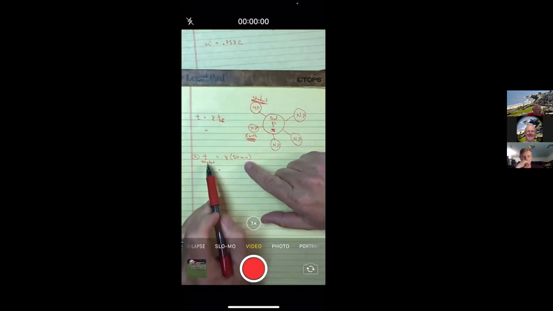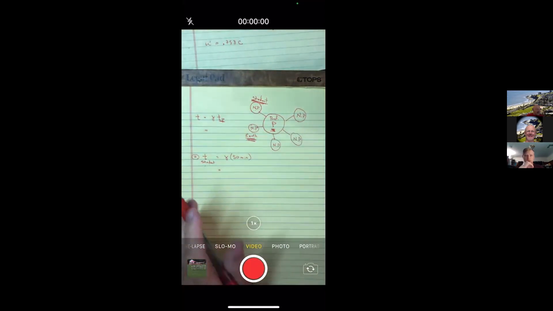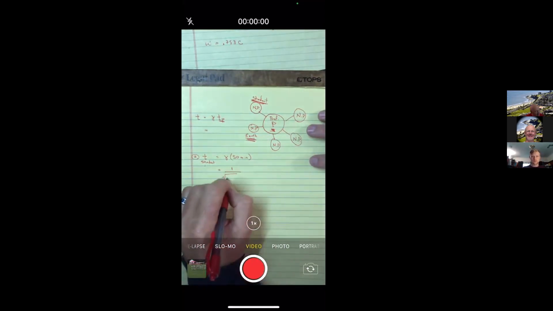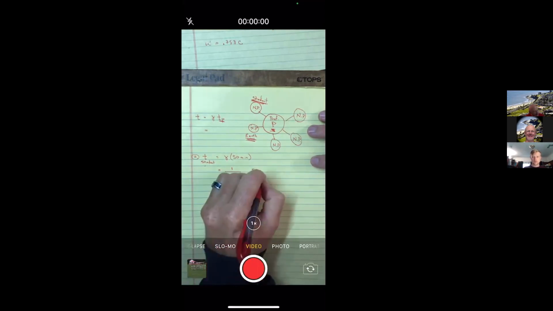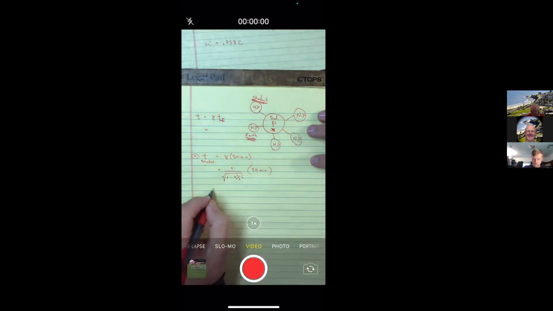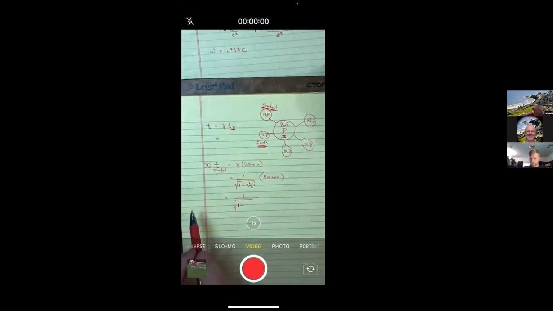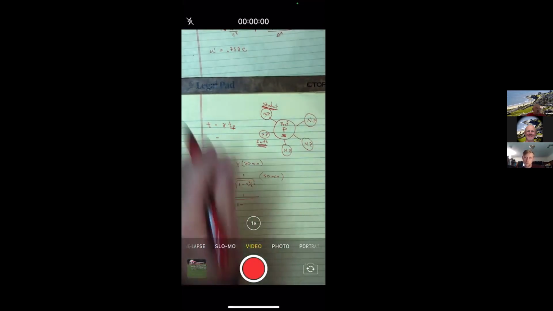So if I want to know what the students would see, looking back, I need to do 1 over the square root of 1 minus v squared over c squared, and then times this 50 minutes. And I need to ask what speed the clock moves compared to the students.